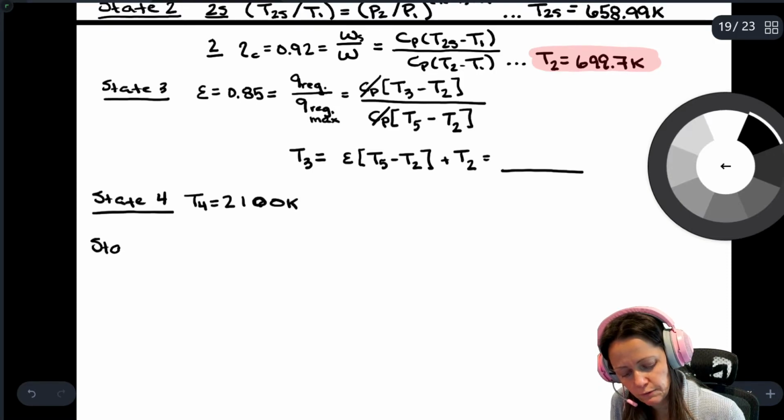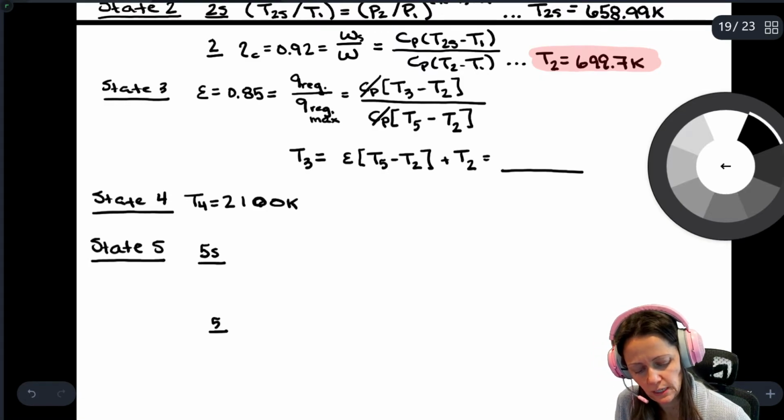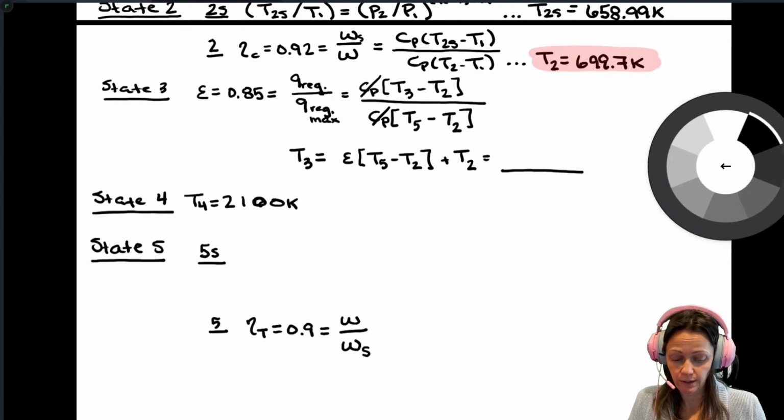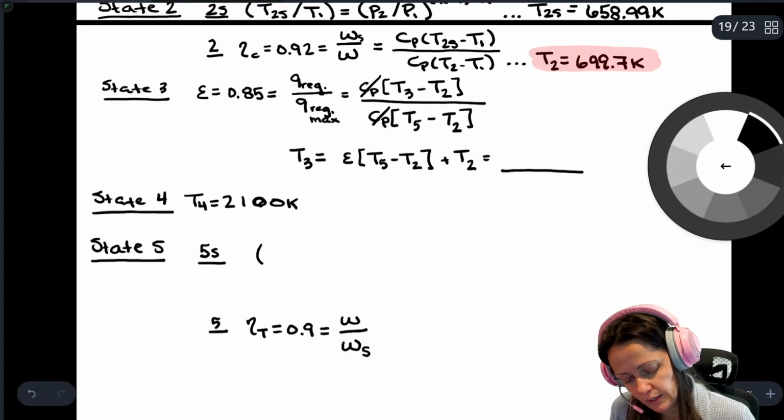And then from 4 to 5, we have the expansion within the turbine. Ideally it occurs isentropically, but we do have an isentropic efficiency of 95%, which relates those two works, right? The ideal case is going to be on the bottom because ideally for a turbine, you get a lot of work out of it.